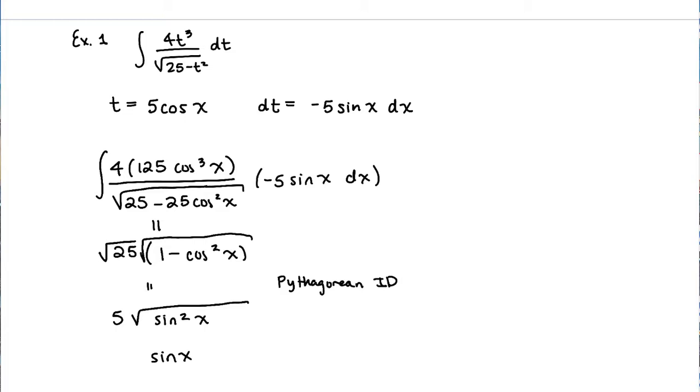We would have to pay attention to the quadrant that we're in to be careful when you're taking the square root of something squared. It's not always clear whether it was positive or negative.